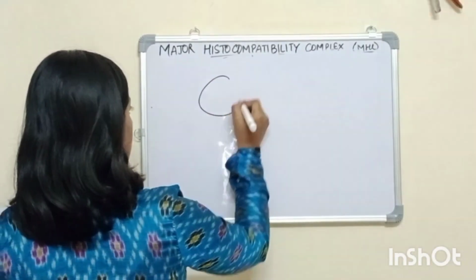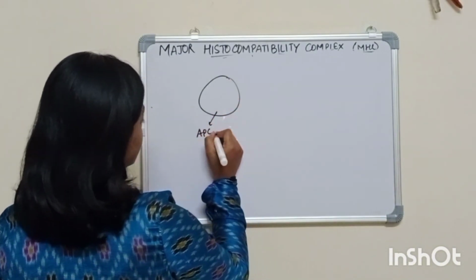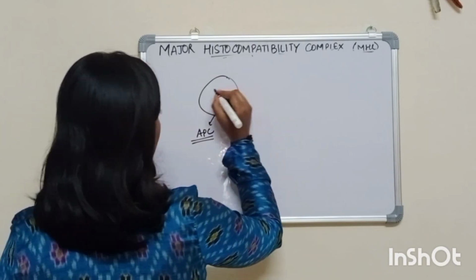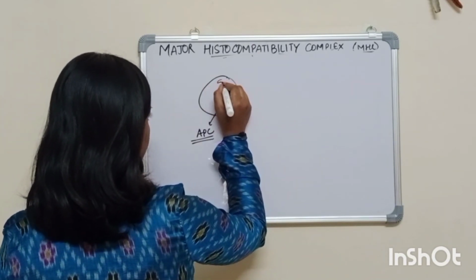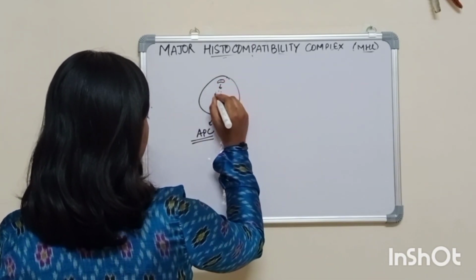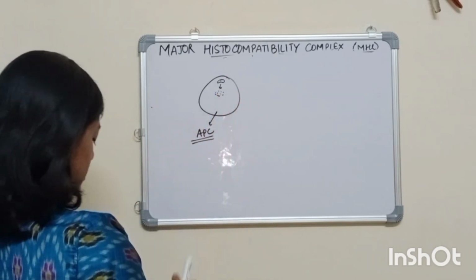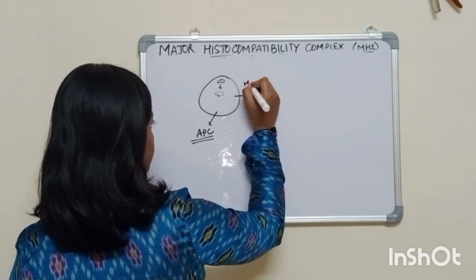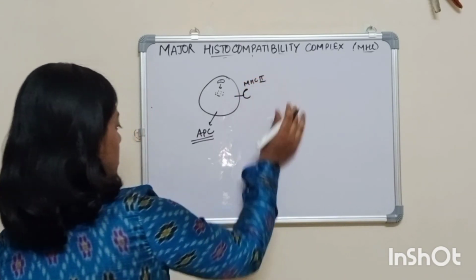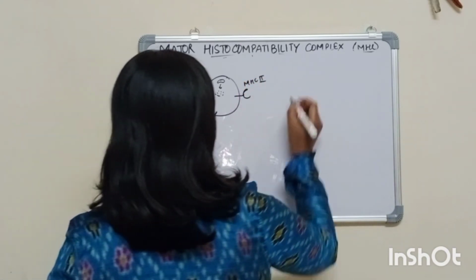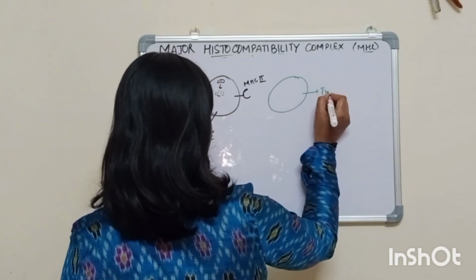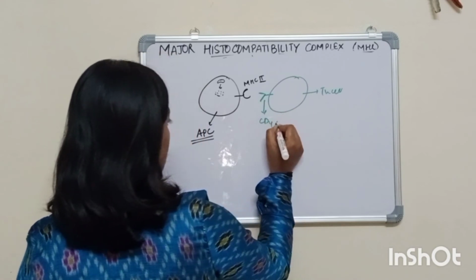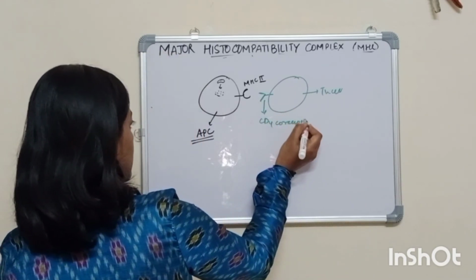This is the APC, antigen presenting cell. It can be a dendritic cell or macrophage. Now there is a bacteria. It is degraded into bacterial peptides. Now this is MHC2. This is the TH cell having a co-receptor called CD4.